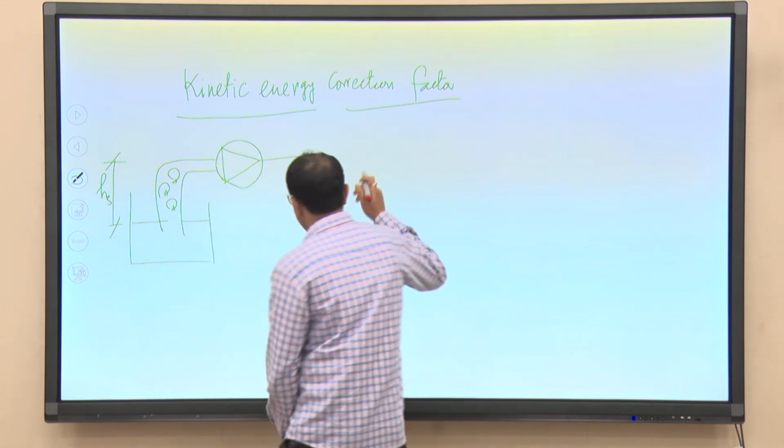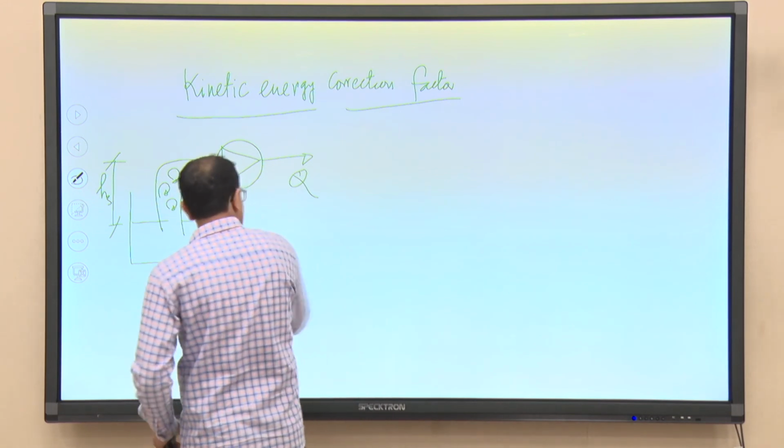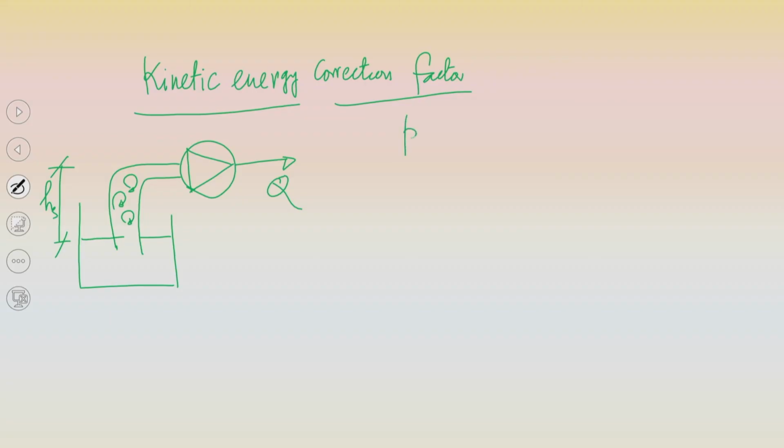Now, P by gamma plus V square by 2g plus Z equal to constant, that is what we have studied, the Bernoulli equation. It represents the total energy.